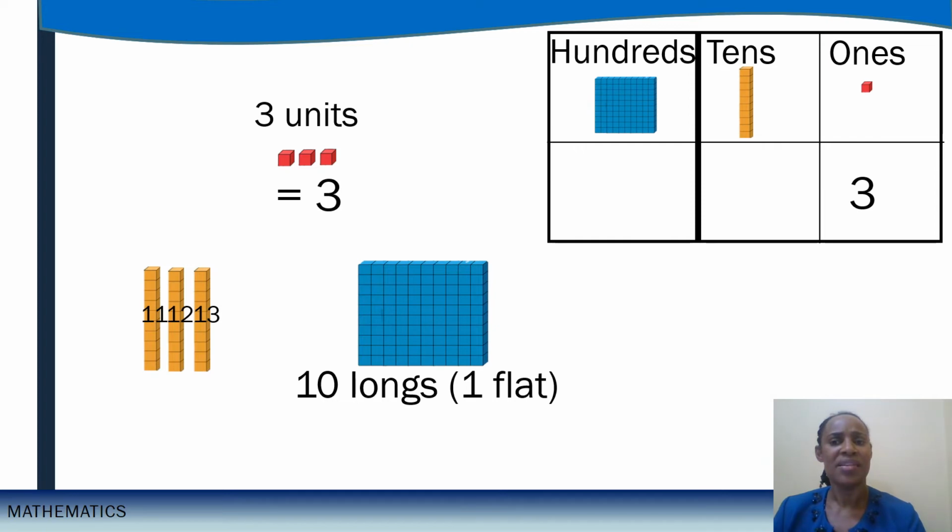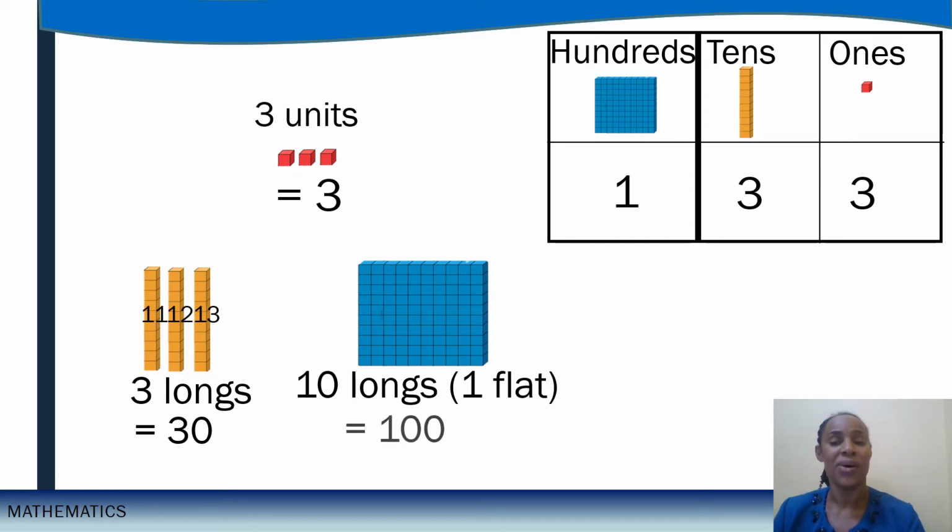How many units do we have? Great, we have 3 units. How many longs do we have? We have 3 longs, and so we will write 3 in the tens place. And how many flats do we have? Great, we just have 1 flat, so we would write 1 in the hundreds place.